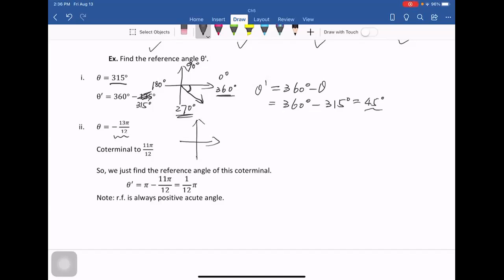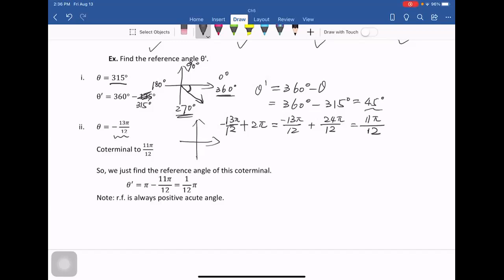I know that if I add 2 pi to this angle, it still keeps the same terminal side. So negative 13 pi over 12 plus 24 pi over 12 equals 11 pi over 12.